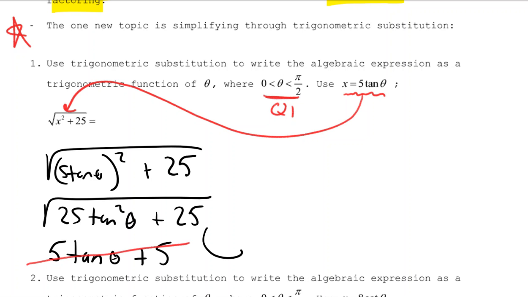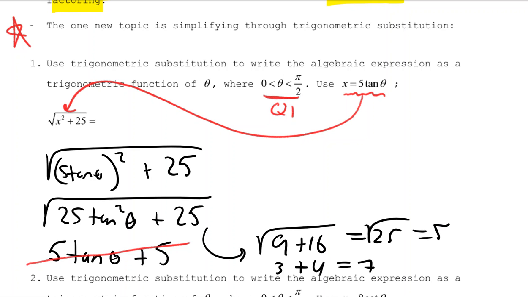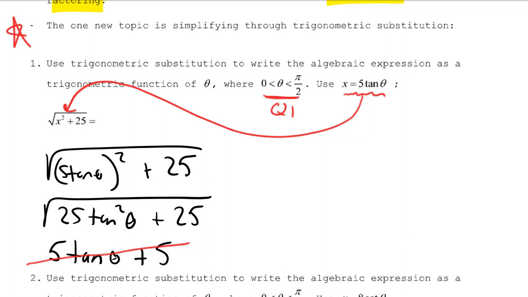I probably have shown you this example earlier this year, but if you use a couple numbers here, you can't just take the square root of 9 and then take the square root of 16 and add them. You're going to think the answer is 7 when the answer is actually 5. So you can't square root the terms like this, only if they're factors, only if they're being multiplied.